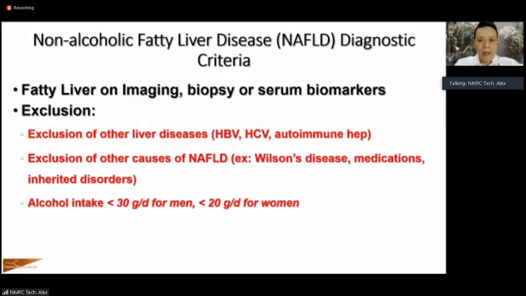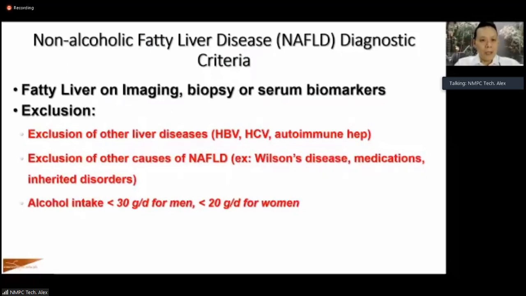And that will include your hepatitis B, hepatitis C, autoimmune hepatitis. You have to rule out other causes as well of fatty liver disease, such as Wilson's disease, some medications, as well as alcohol intake.